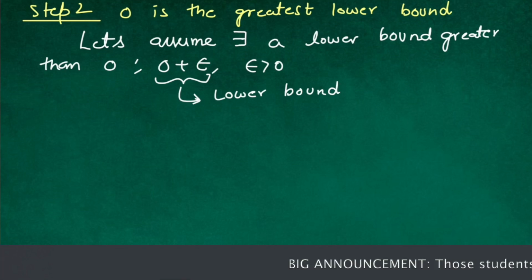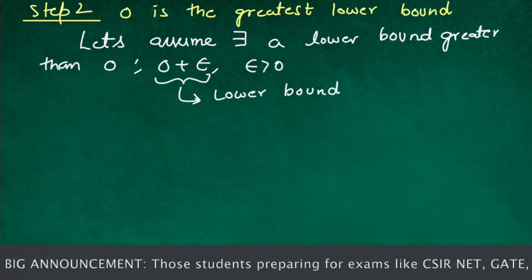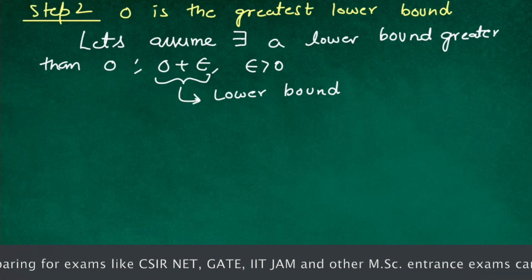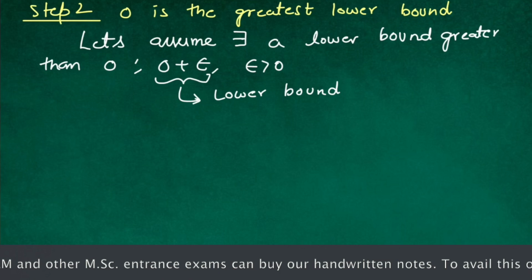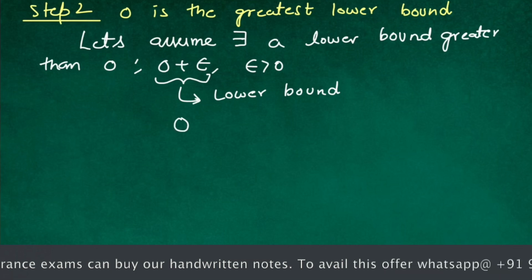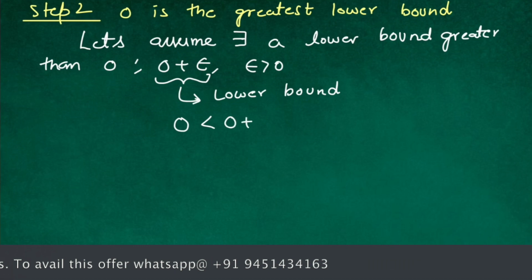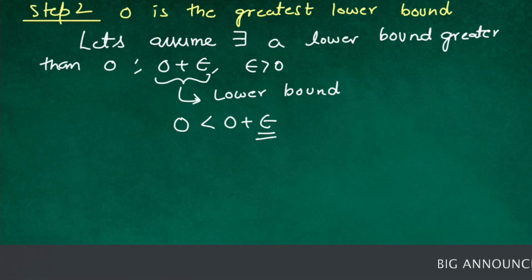If this quantity 0 plus epsilon is a lower bound, that means all the members of set S must be greater than this value, right? Why so? Because this is the lower bound, but element 0 is less than this 0 plus epsilon. Why so? Because epsilon is some positive value, and we know that a positive value is always greater than 0.